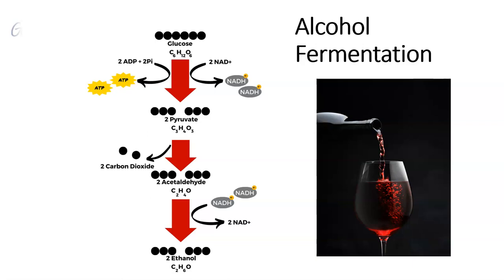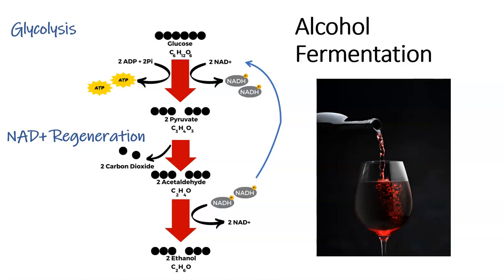So here we have glycolysis followed by the NADH regeneration, what we call the ethanol fermentation process or alcohol fermentation process. These reactions are usually named by their products, and we are regenerating NAD. These are just two examples of human uses for fermentation, but there are lots of them, right?